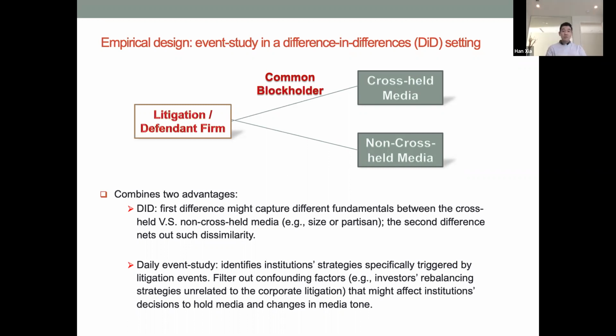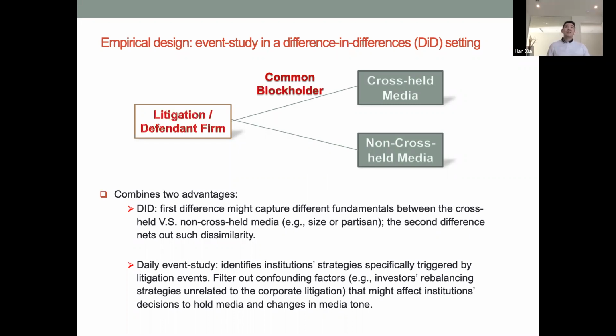Because of this daily frequency, we can identify institutions' potential strategies that are triggered by these litigation events. It's the same intuition as looking at the daily announcement returns of mergers and acquisitions in order to identify how the acquisition triggered the market reactions, instead of the other way around, how the market triggers the acquisitions.